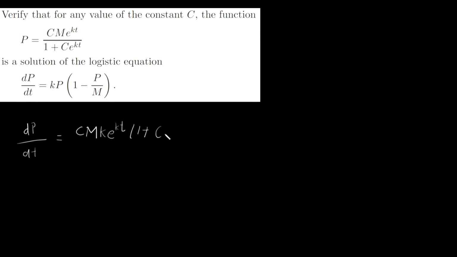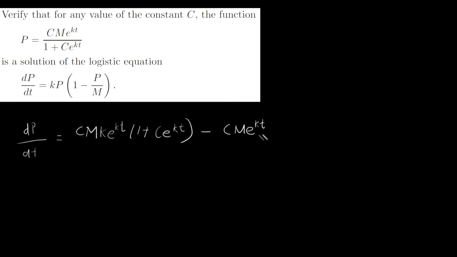Then we have to subtract that from, and now we do the opposite. We keep the numerator as is, so that's just cMe^(kt). And then we take the derivative of the denominator, which is the derivative of a constant, 0, and then something similar over here.